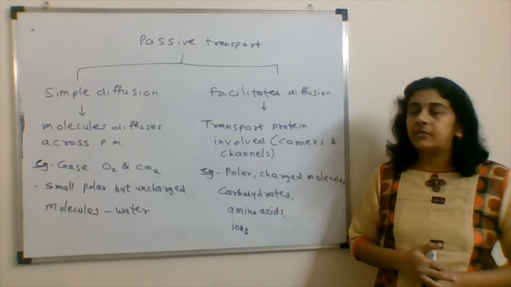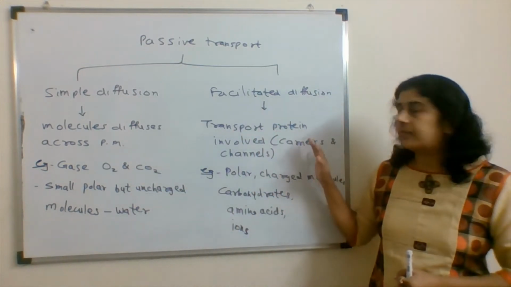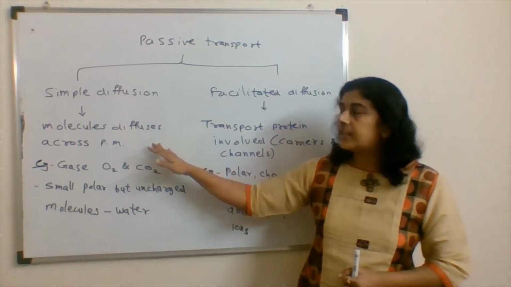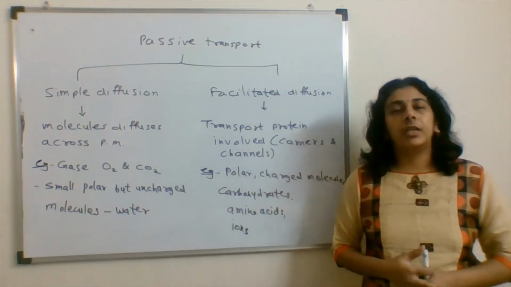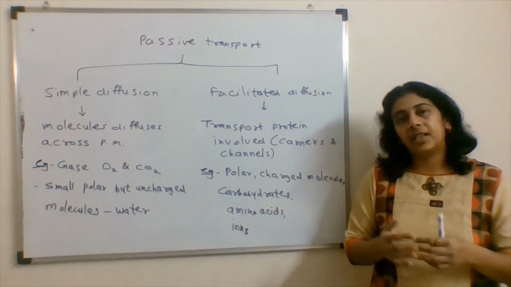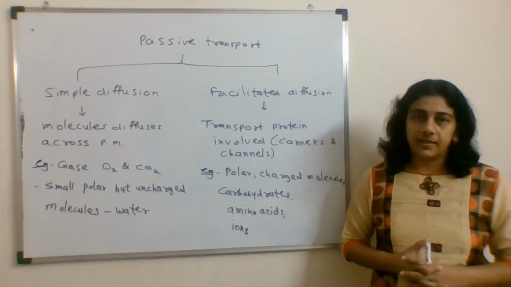We can have passive transport in two types, simple diffusion and facilitated diffusion. In case of simple diffusion, the molecule diffuses through the phospholipid bilayer and can enter or go out of the cell.